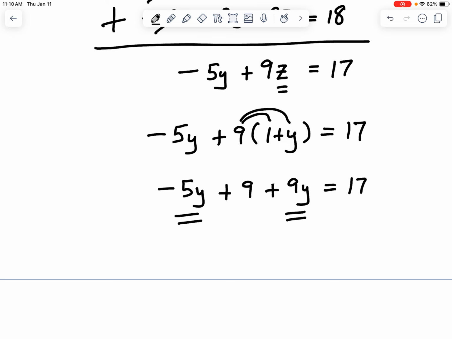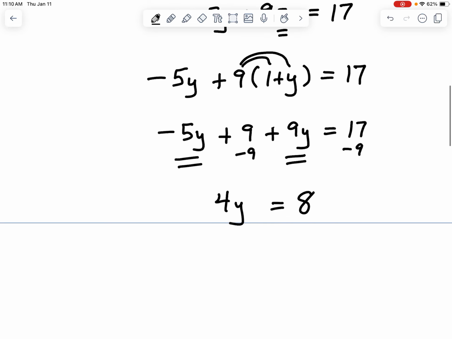And then combining like terms, the y's will be 9 minus 5, so that's 4y. And then subtract 9 from both sides. And 17 minus 9 is an 8. So it seems that y equals 2. Divide by 4 and divide by 4. The y is equal to 2.